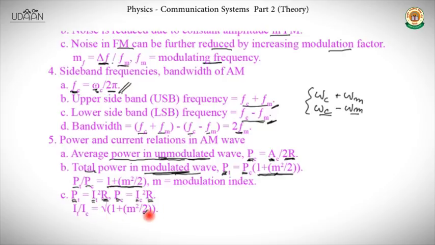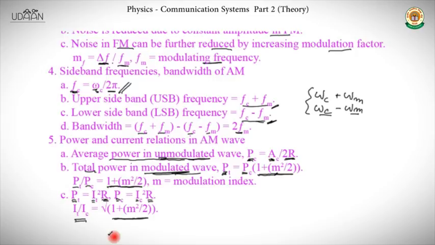So we have the ratio here, It by Ic equals the square root of 1 plus m squared by 2. That's an important relation: the ratio of amplitudes is simply m, the ratio of powers comes out in terms of m squared, and It by Ic, the total current by the carrier current, comes out to be the square root of 1 plus m squared by 2.